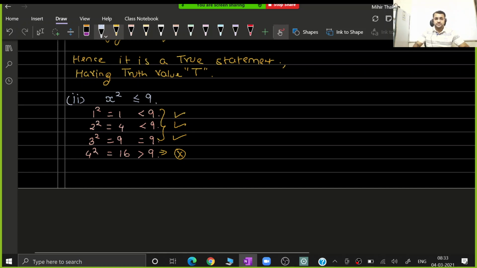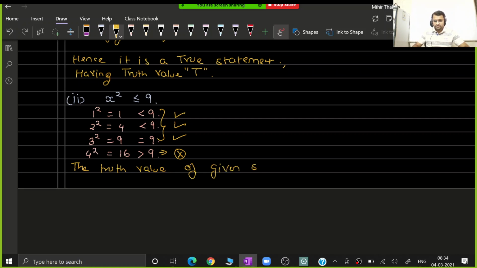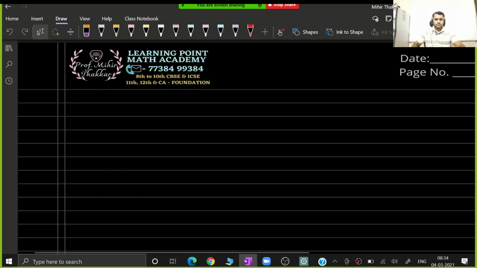Therefore I say that the truth value of the given statement is F. So let us write down the point number 2.